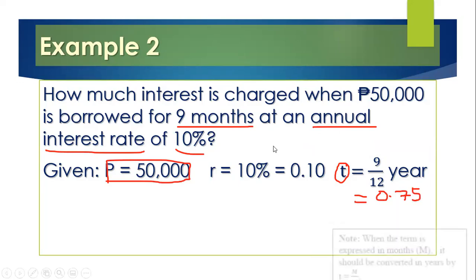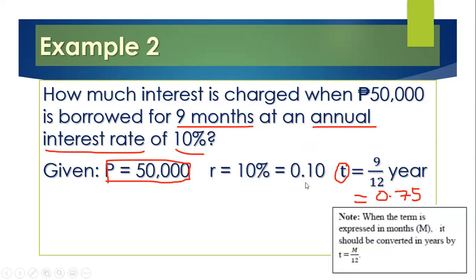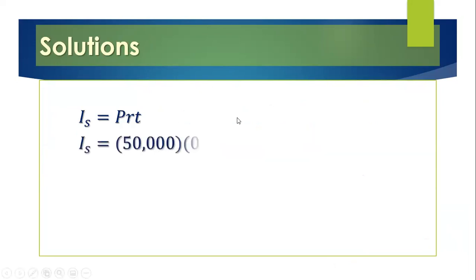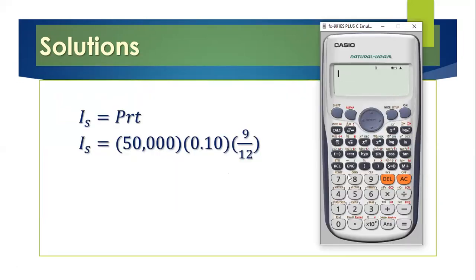Okay? So again, we are looking for I sub S or the interest. So magkano yung idadagdag sa inutang or hiniram kapag magbabayad na. So, formula lang again, PRT, pag multiply natin lahat ng given, PRT, 50,000 pesos times 0.10 times 9/12. So, magkano kaya yon?